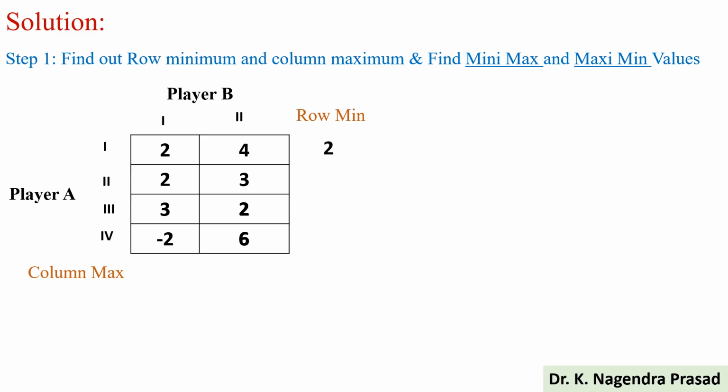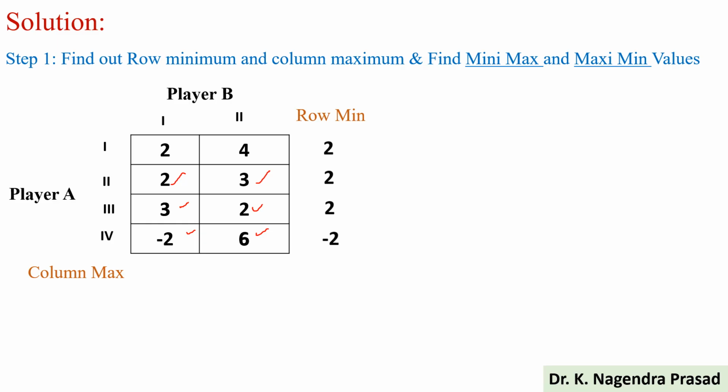In the second row, among 2 and 3, the minimum value is 2. In the third row, among 3 and 2, the minimum value is 2. And in the fourth row, values are -2 and 6. Among these two, the minimum value is -2.